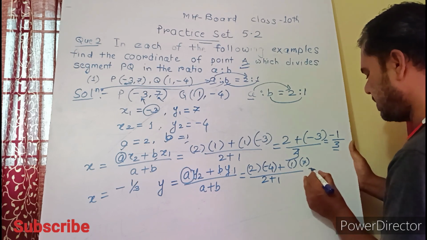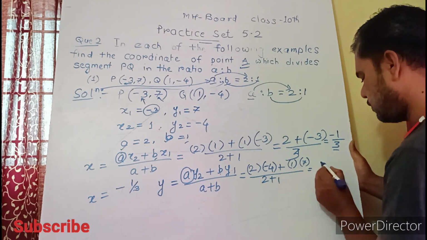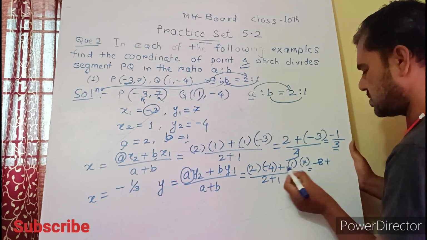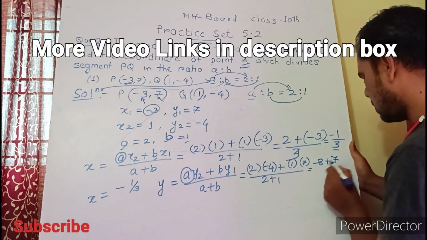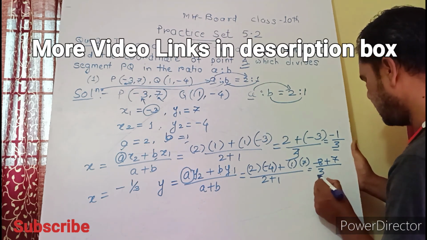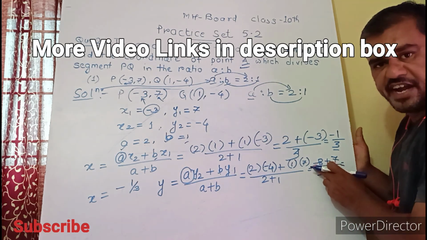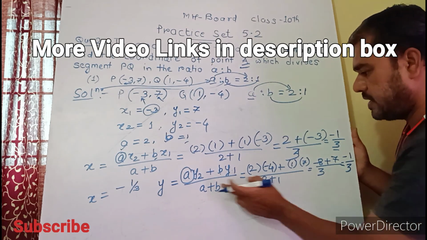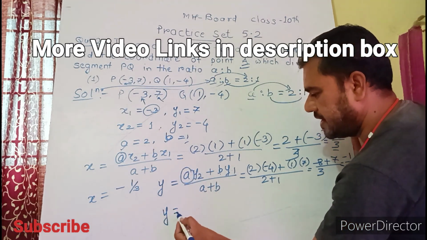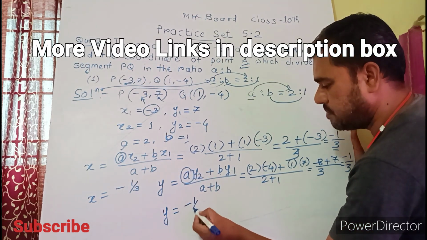This equals 2 into minus 4, that is minus 8, plus 1 into 7, that is plus 7, divided by 3, which equals minus 8 plus 7, that is minus 1, divided by 3. The value of y we get here is minus 1 by 3.